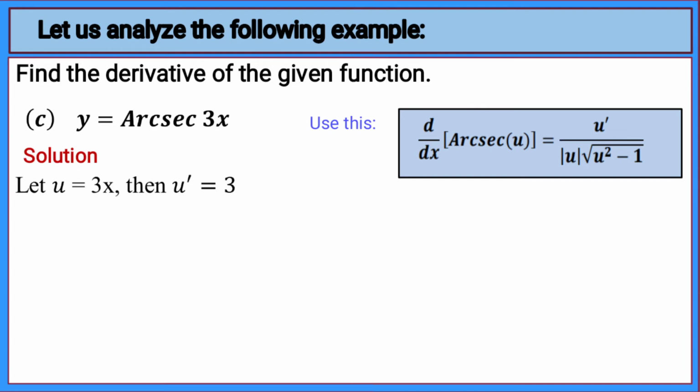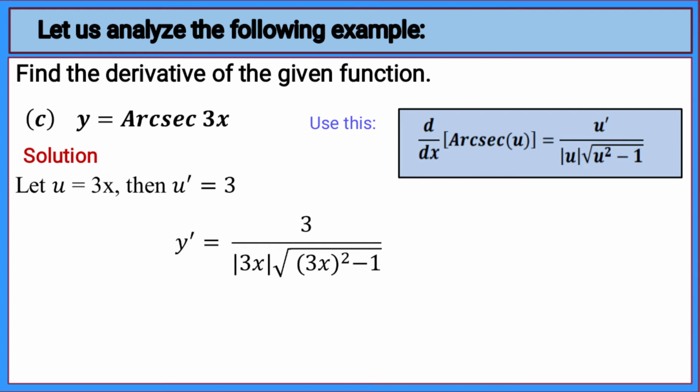We let u be our 3x, then our u prime is equal to 3. Just plugging all this information into our format, we have y prime is equal to 3 over the absolute value of 3x times the square root of (3x) squared minus 1.